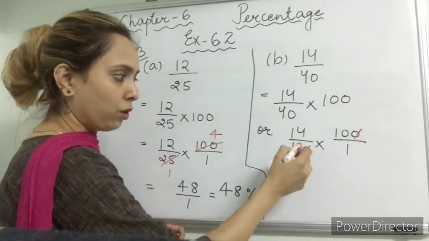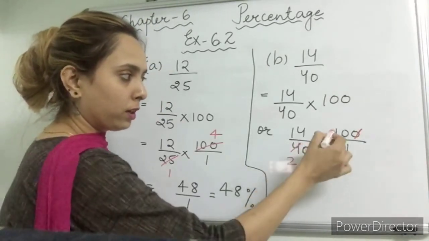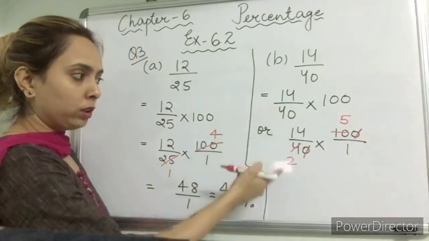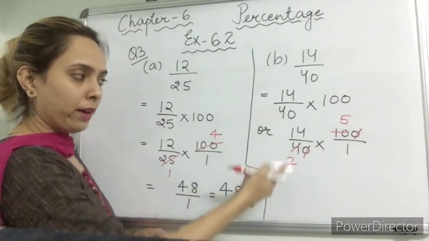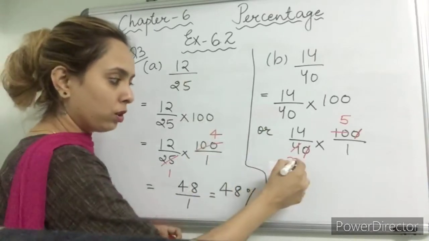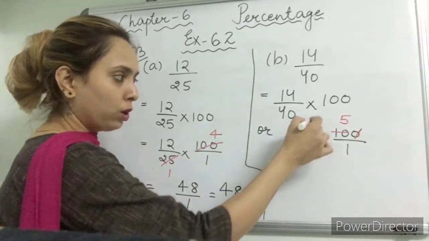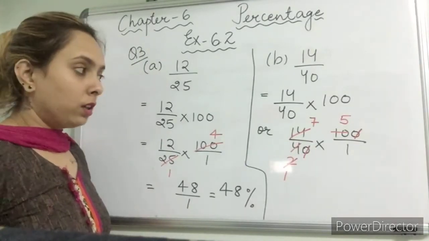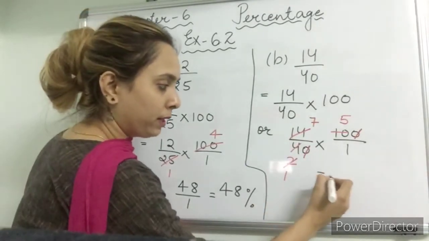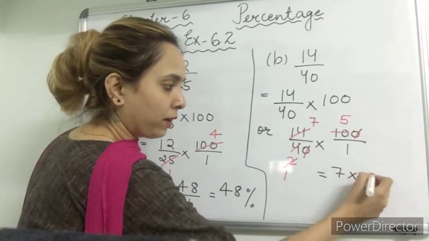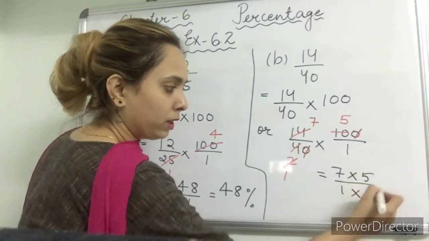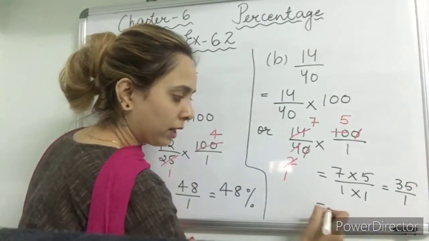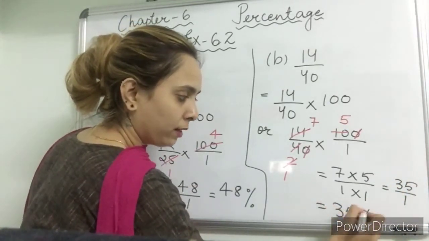Okay, so 2 2s are 4, 2 5s are 10. They both are divided by the same number, which is 2. 2 1s are 2, 2 7s are 14. So we are left with 7 and 5 in the numerator. 7 multiplied by 5, upon 1. So it is 35 upon 1. So our answer is 35%.